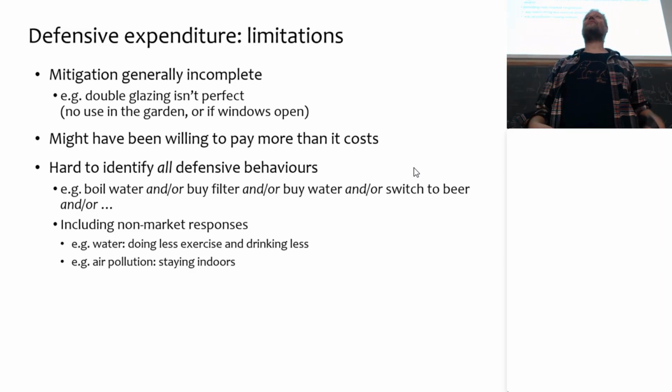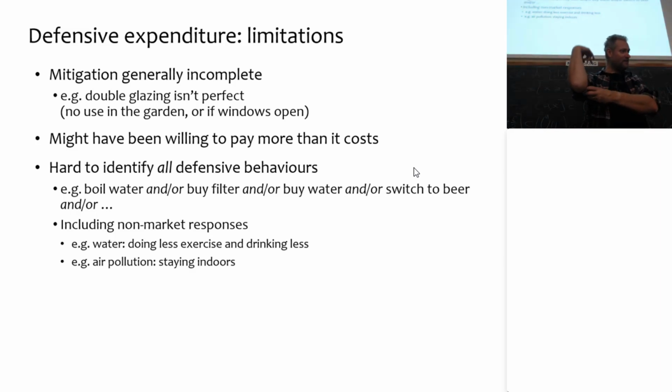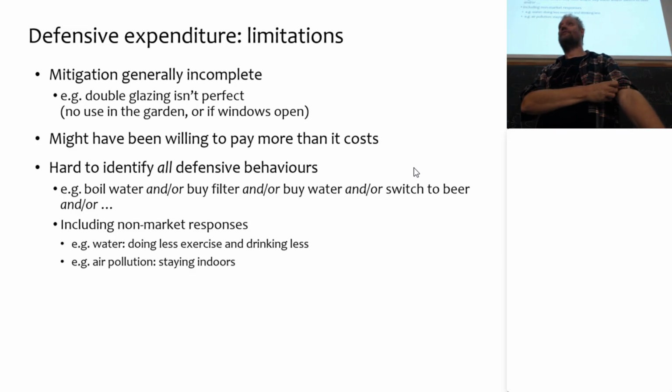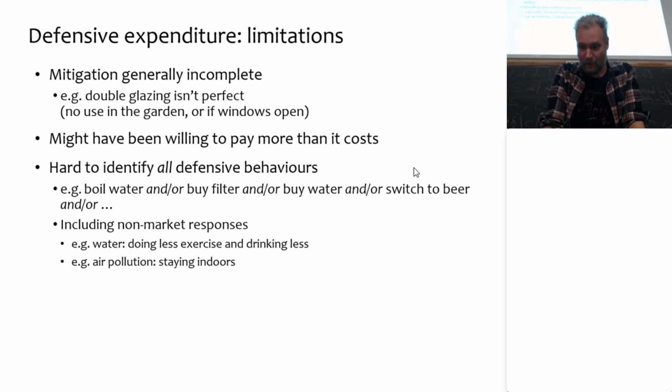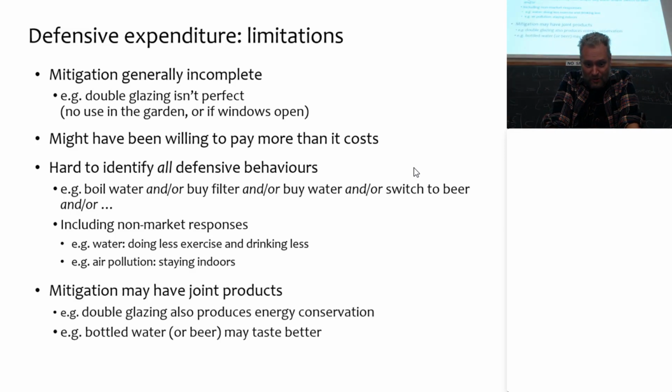And there may be behavioral adaptations as well. That is, they may exercise less so that the demand for water falls and things like that, and all that needs to be included in order to get to a complete estimate, right?